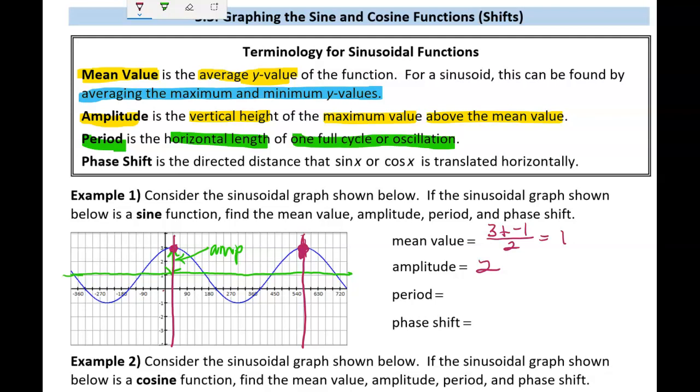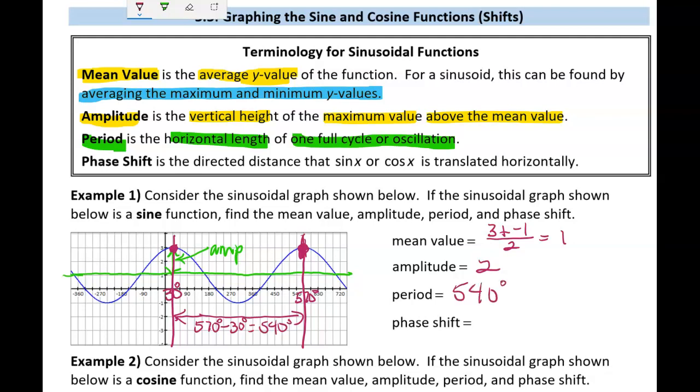So it looks like our maximum occurs horizontally at 30 degrees and our minimum at 570 degrees. So that means that that period in between is 570 minus 30, or 540 degrees.